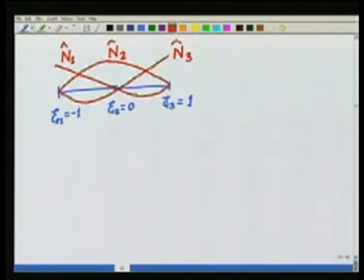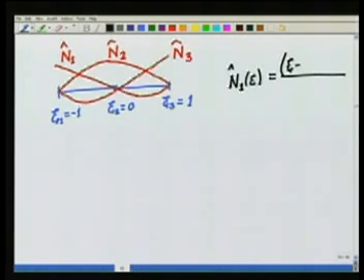So again we use the same definition of the Lagrange polynomials that we had defined earlier. So I know that my N1 hat as a function of psi will be equal to psi minus psi 2, which is 0, into psi minus psi 3, that is, it has to vanish at the point psi 3 which is 1. And here we will have psi 1 minus psi 2, so minus 1 minus 0, and psi 1 minus psi 3.